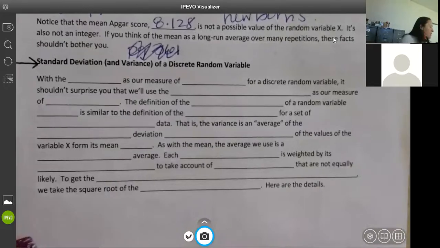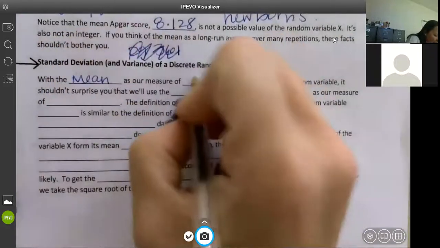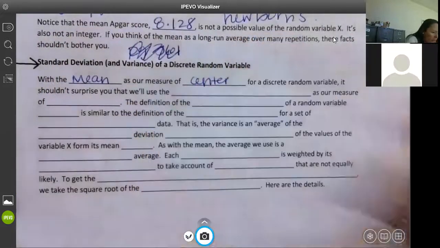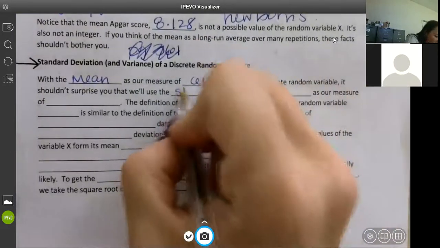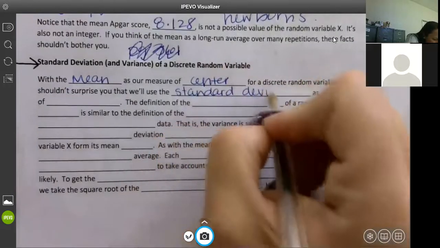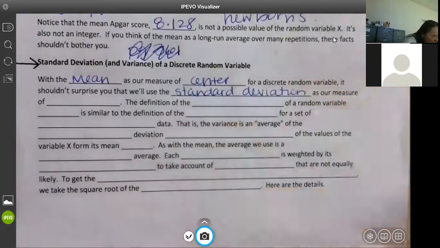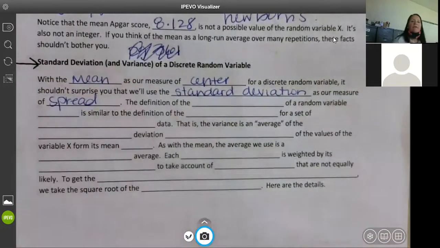With the mean as our measure of center for a discrete random variable, it shouldn't surprise you that we'll use the standard deviation as our measure of spread. Remember we talked about this yesterday. If it's a normal curve or if it's symmetric, you're going to use mean and standard deviation. If it's not, then you're going to use median and either range or IQR.